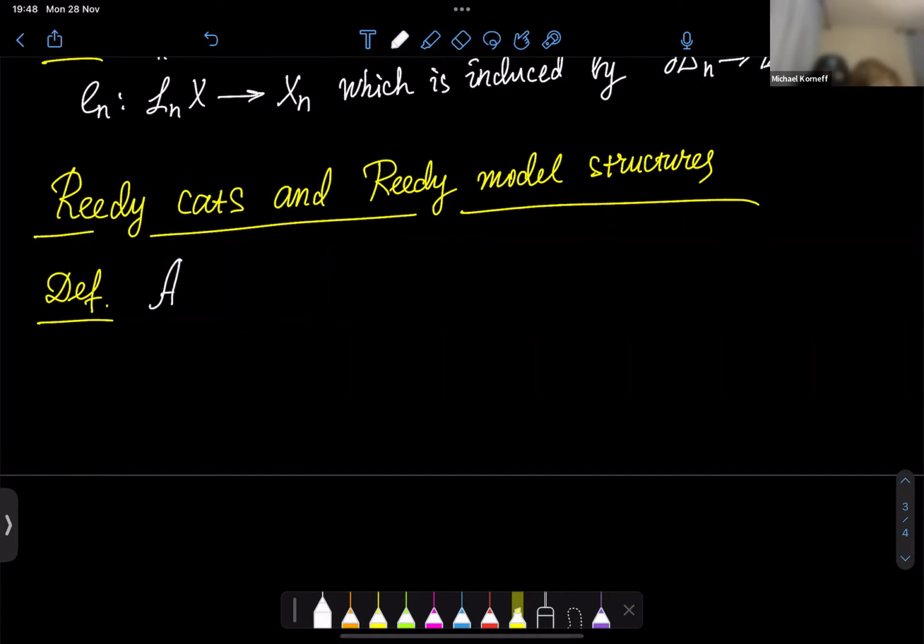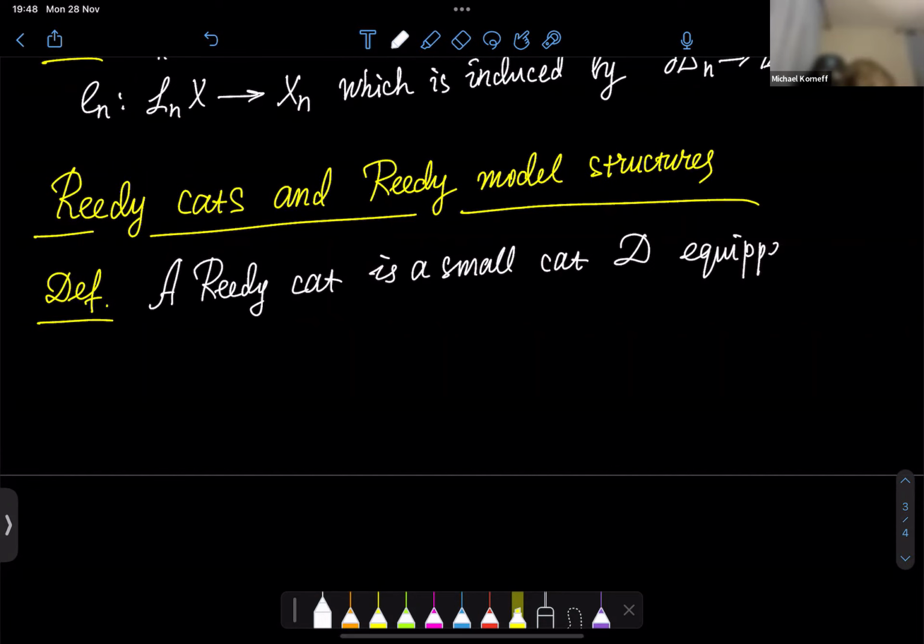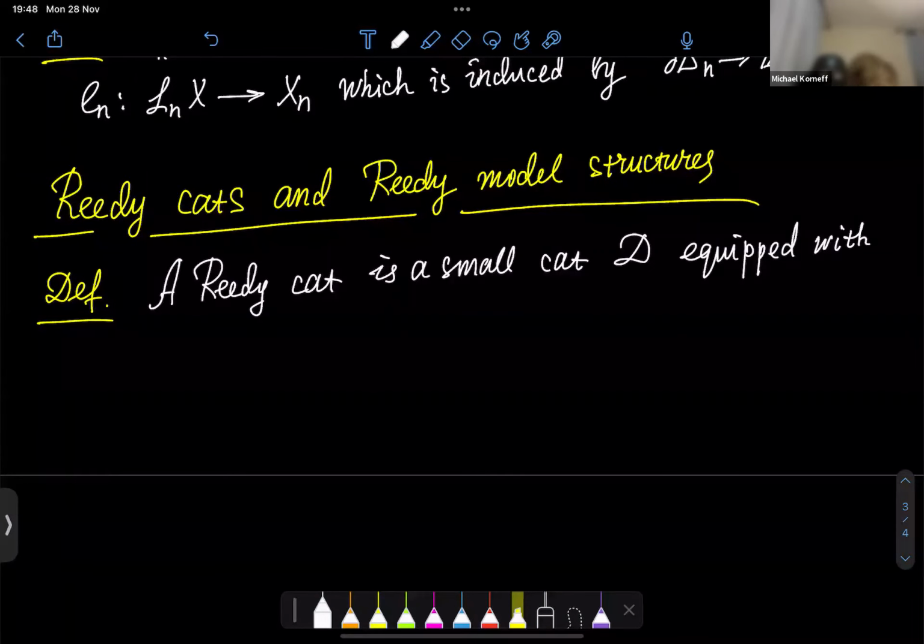A Reedy category is a small category, say D, equipped with a degree function.